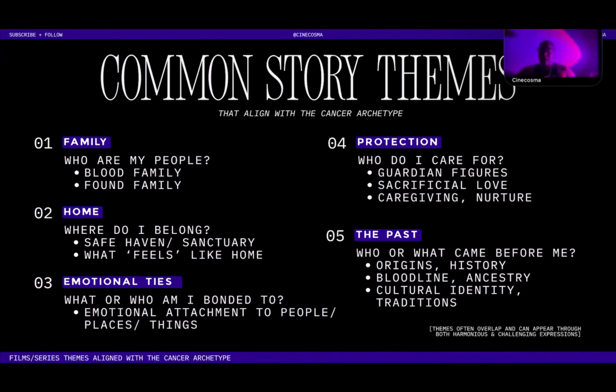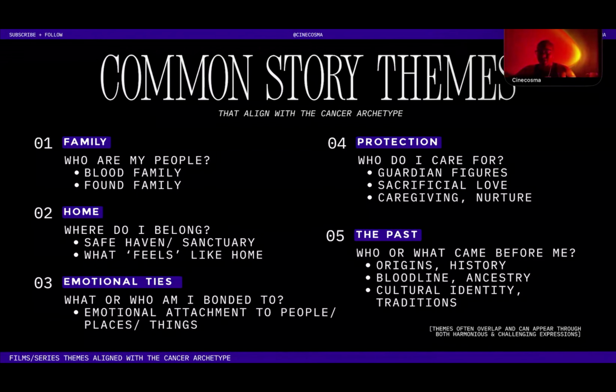And then last but certainly not least is the past. Who or what came before me? So this includes your origins. It includes your history, whether it's your own personal history or just history in general, history of the world, history of your country, wherever you live. It's also your bloodline and ancestry. Obviously, everyone has origins.